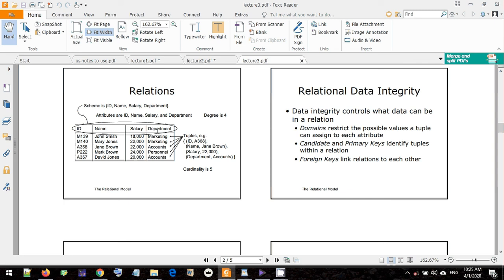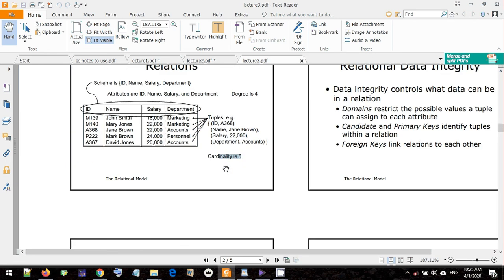Now the degree of this relation is 4, meaning the length of the tuple, the number of columns present. So I have 1, 2, 3, 4. The cardinality is the number of tuples present. We have 1, 2, 3, 4, 5. So the cardinality is 5.